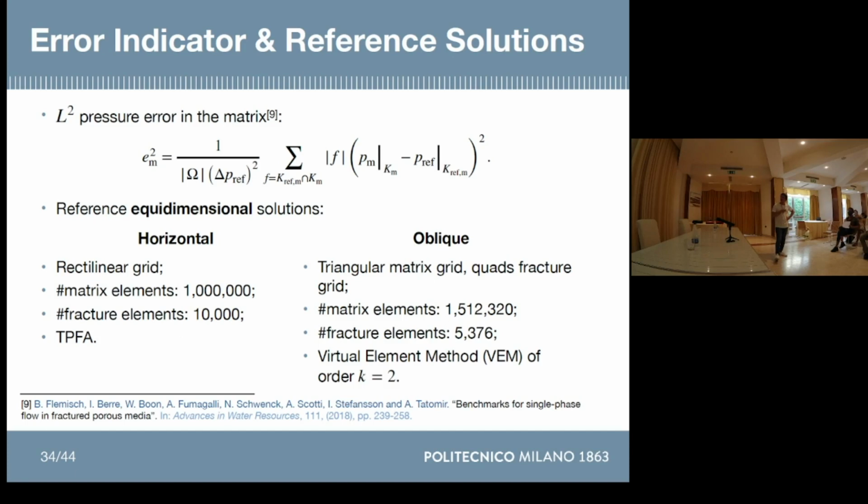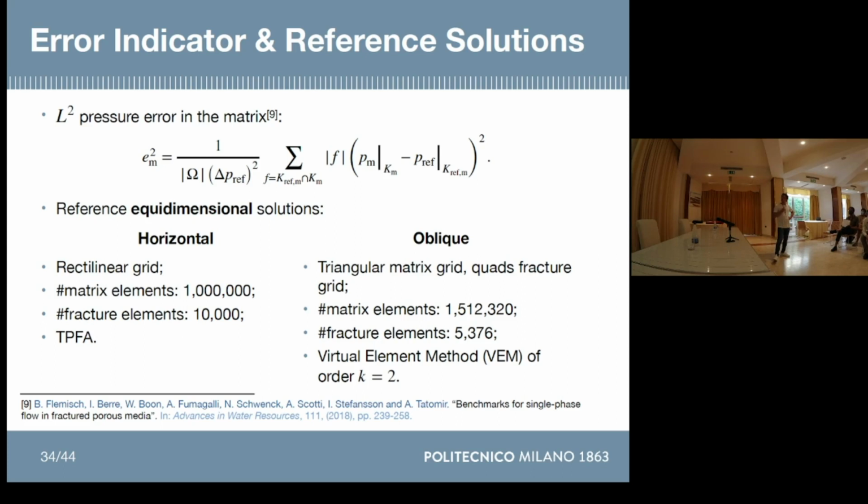And here we give some data about the equidimensional solutions. For the horizontal fracture case, I've used a rectilinear grid, and I have something like 1 million matrix elements and 10,000 fracture elements, and I've used a standard two-point flux approximation scheme, so a stencil with 2 values of the pressure.